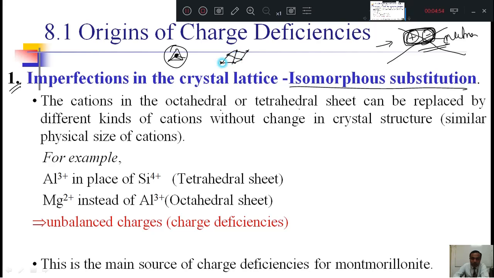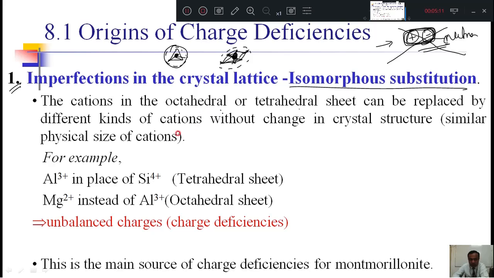You already know this, we studied this. Correct? Inside, what is there?